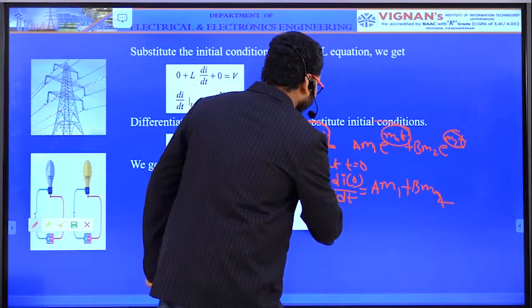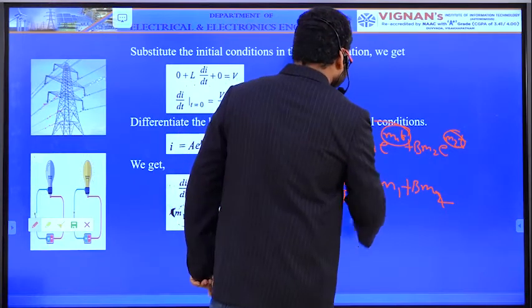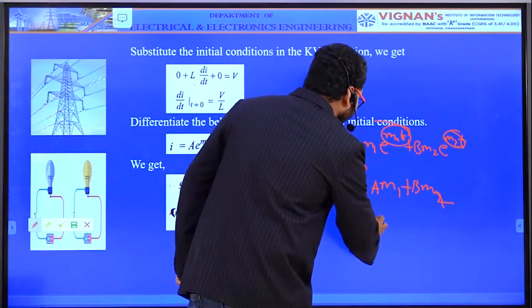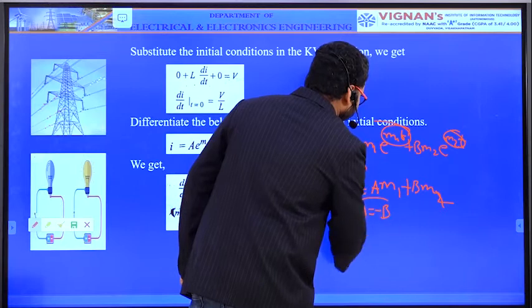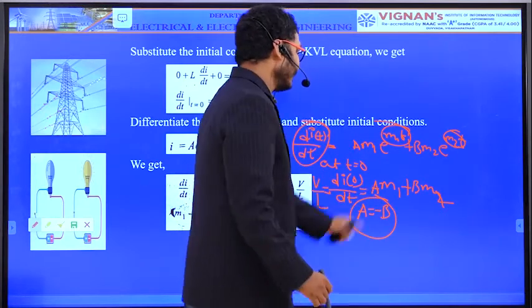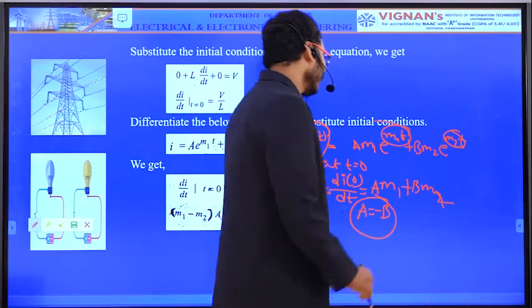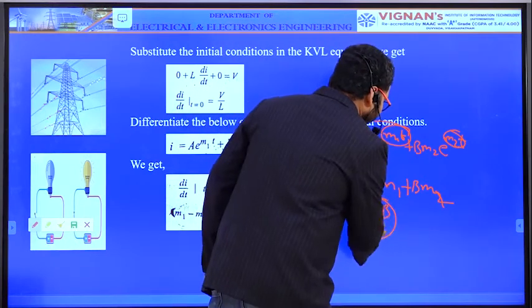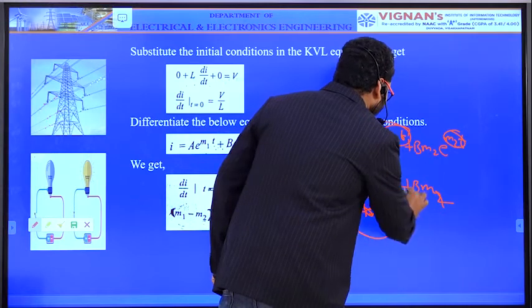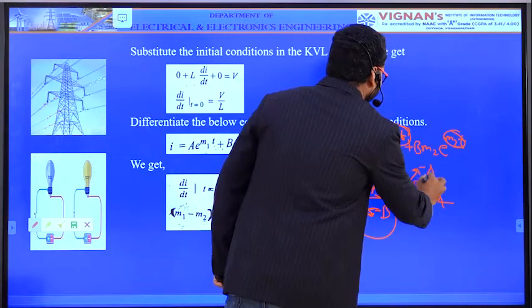So now what is this value? This is V by L. Based on this, previously we got a equals to minus b. Just substitute here b equals to minus a, and you will get the value.